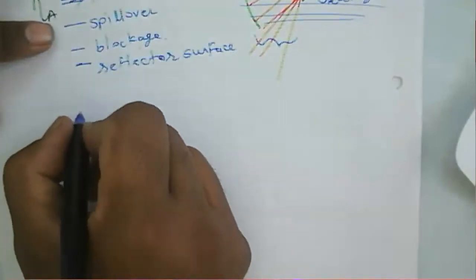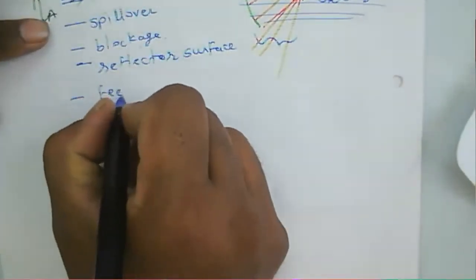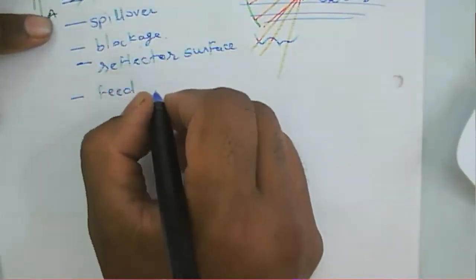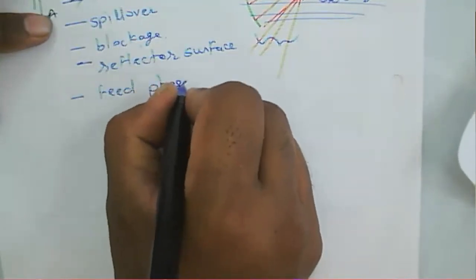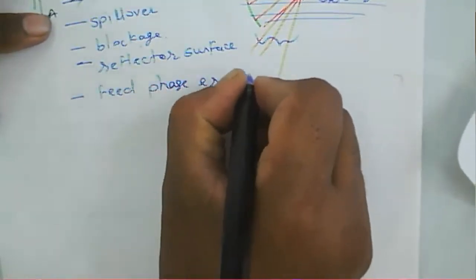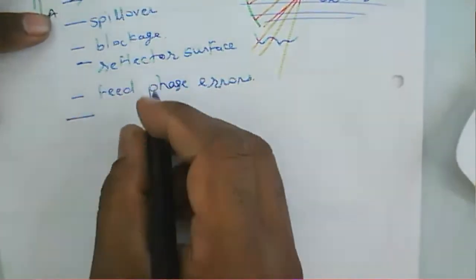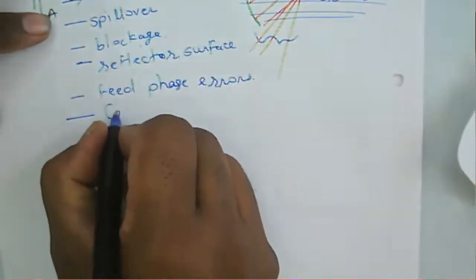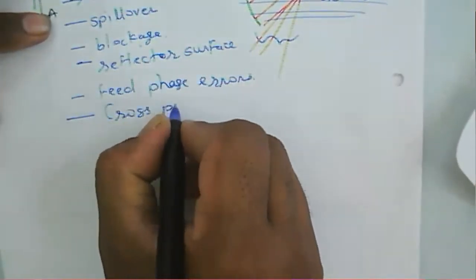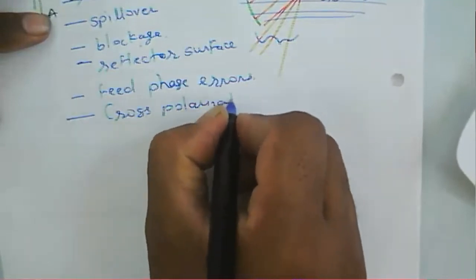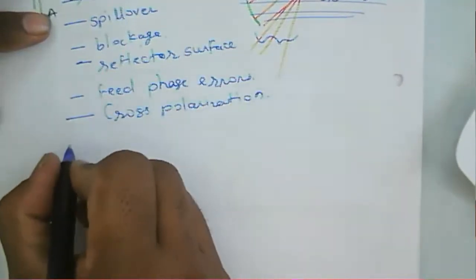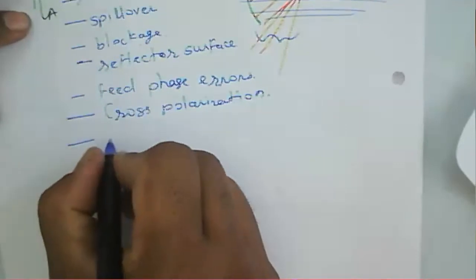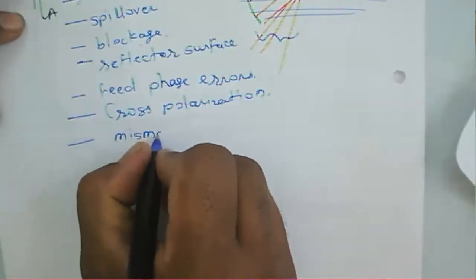Then we are feeding this antenna, so what will be the feed phase errors. Then what will be the cross polarization efficiency, and what will be the mismatch efficiency.